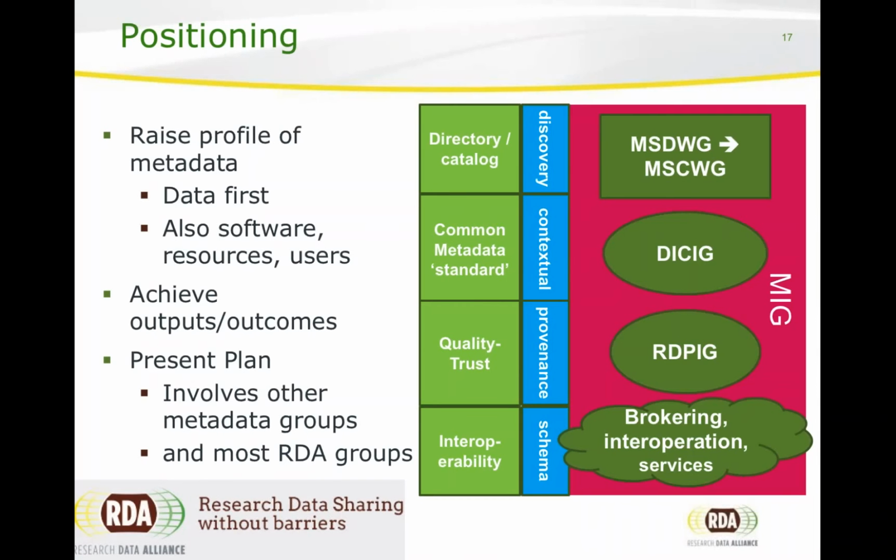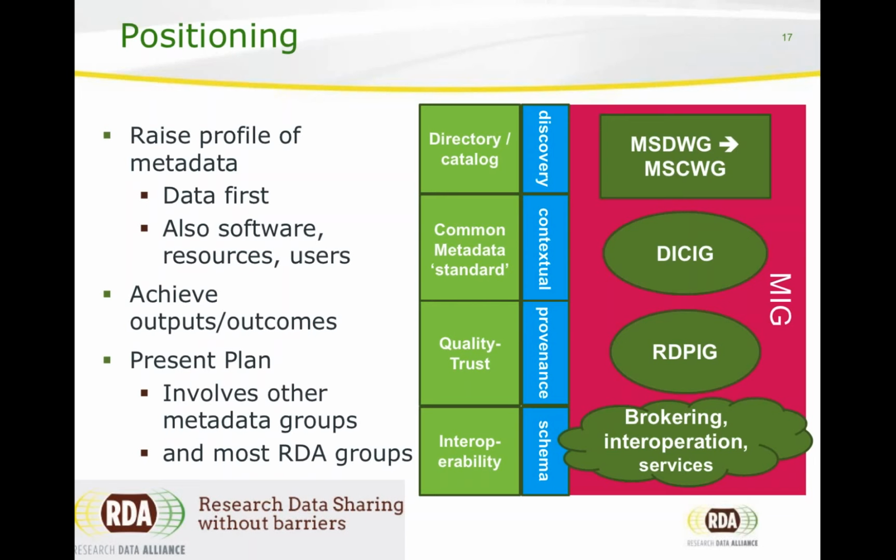So the primary goal of the metadata interest group, shown here in pink fuchsia, is essentially the umbrella group, and we spawned off the metadata standards directory working group, which has actually started and ended and is completely done, and it was the precursor to the Metadata Standards Catalog Working Group.